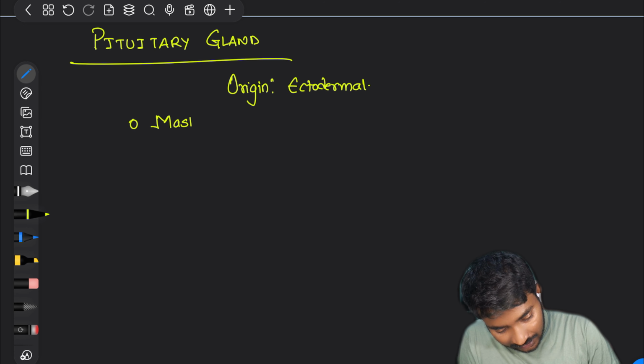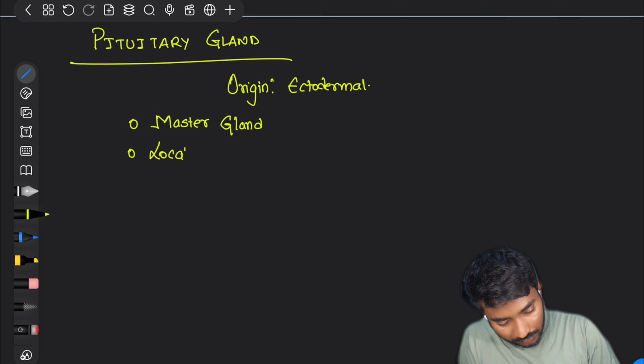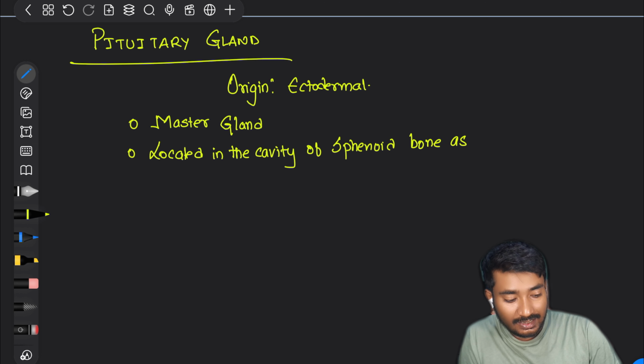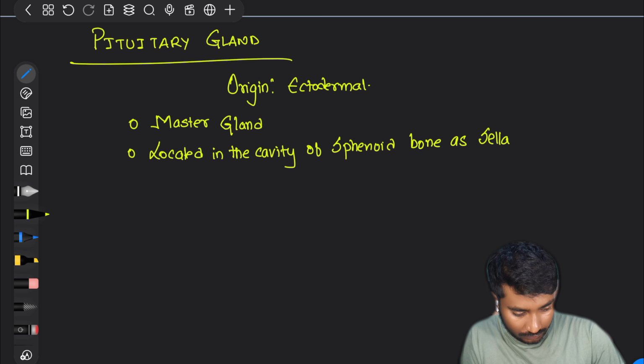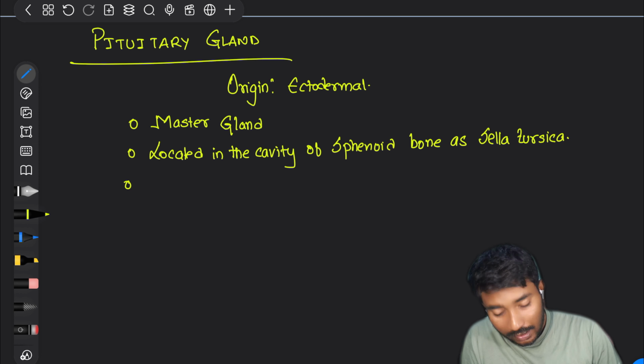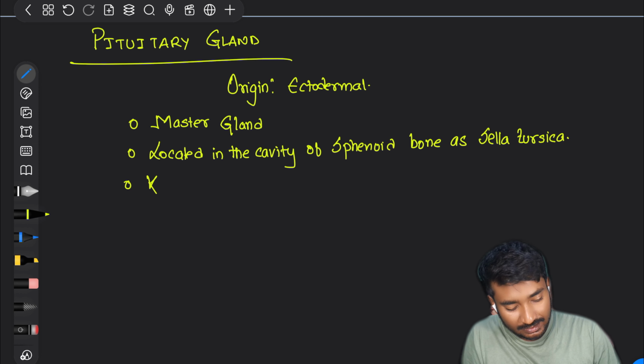It is called the master gland, located in the cavity of the sphenoid bone known as sella turcica. It is also known as hypophysis.